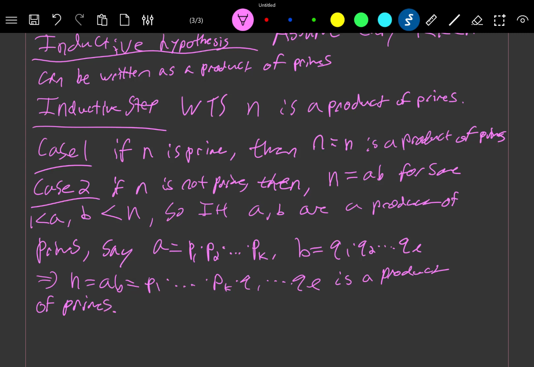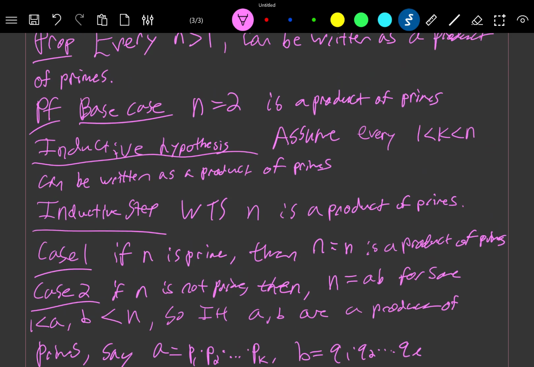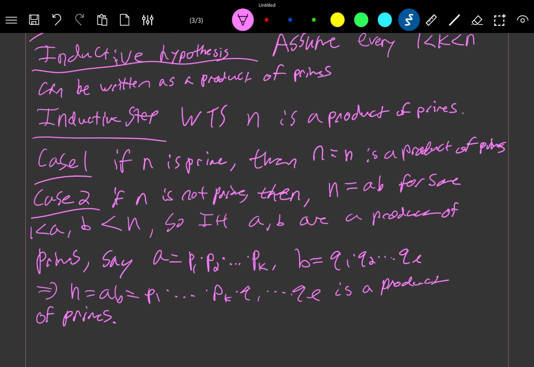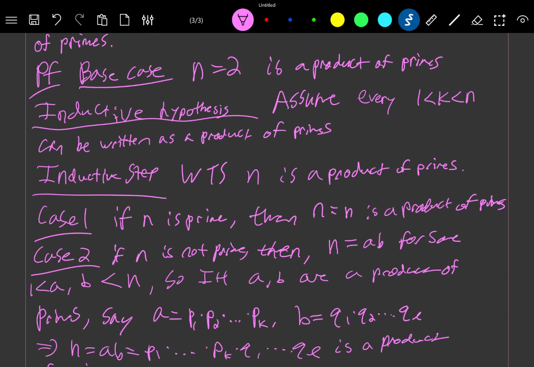And this concludes the inductive step, because we showed that if we assume for every k between 1 and n we have a product of primes, then n is a product of primes. And so by induction, we have shown that every natural number greater than 1 is a product of primes.